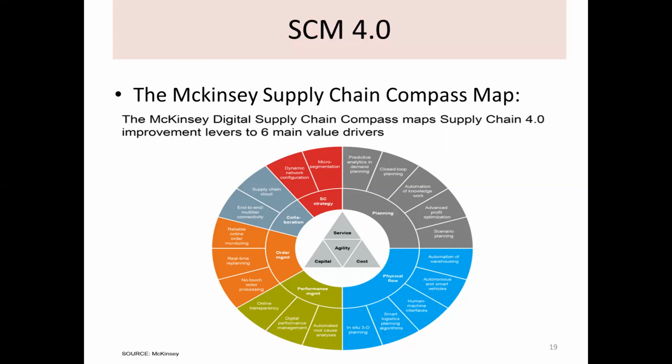Then it goes to performance management, where online transparency and digital performance management are done. After that, it goes to order management. After completing the order, it goes to the collaboration stage, where the supply chain cloud is collaborated. All these things are part of the McKinsey supply chain compass map.